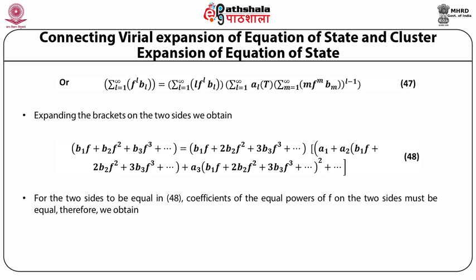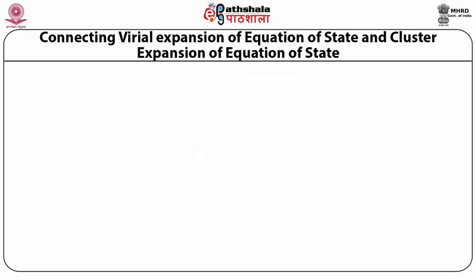For the two sides to be equal in 48, coefficients of the equal powers of f on the two sides must be equal. Therefore, we obtain b1 is equal to a1 b1 or a1 is equal to 1, and b2 is equal to a2 b1 squared plus 2 a1 b2.